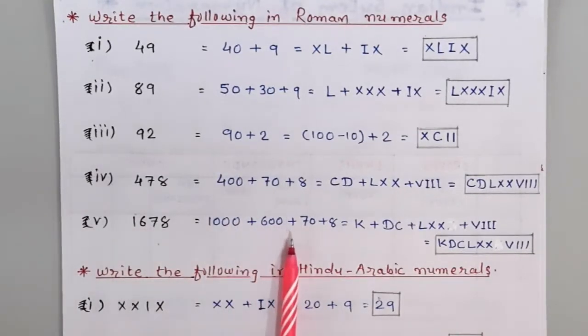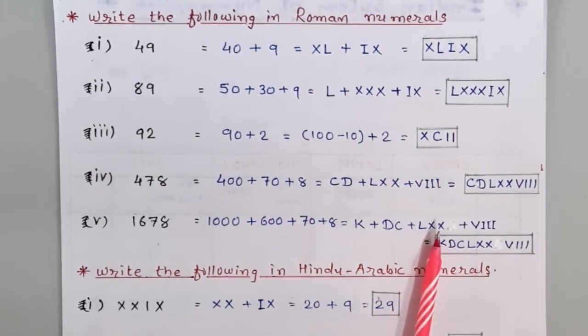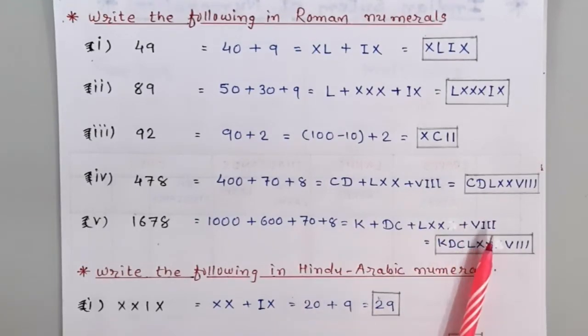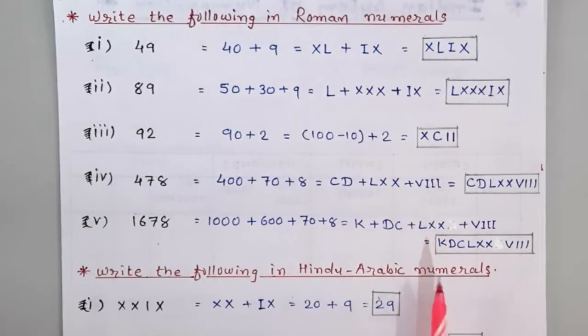And 70 can be written as LXX, 50 plus 10 plus 10, and 8 is VIII. So 1678 can be written as MDCLXXVIII.